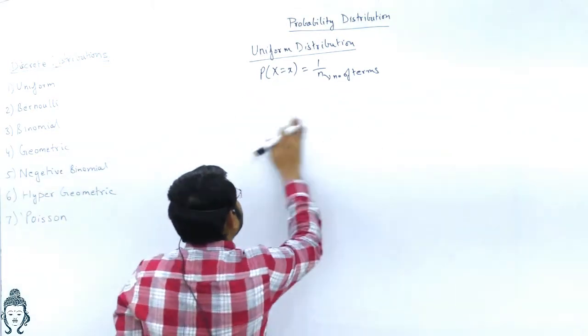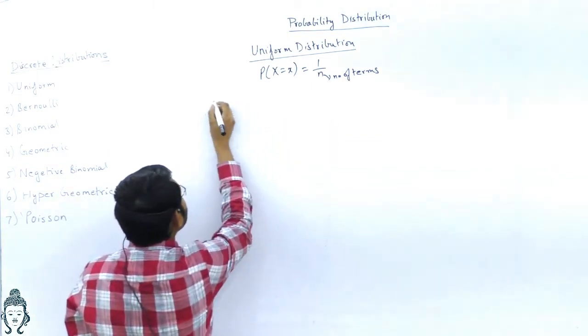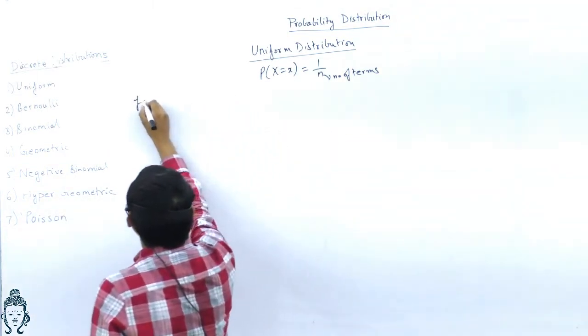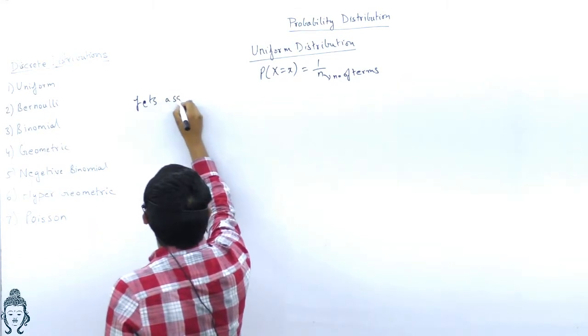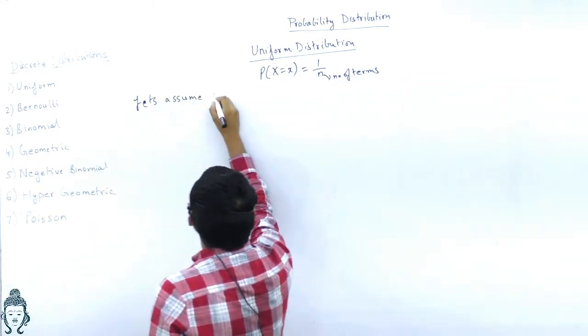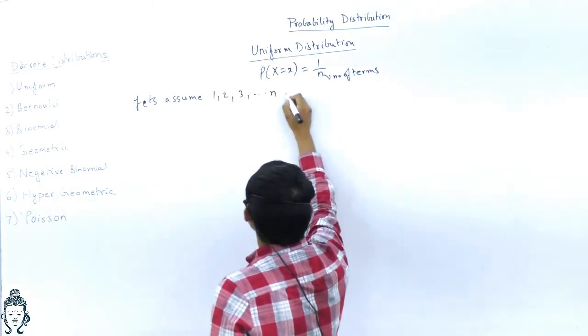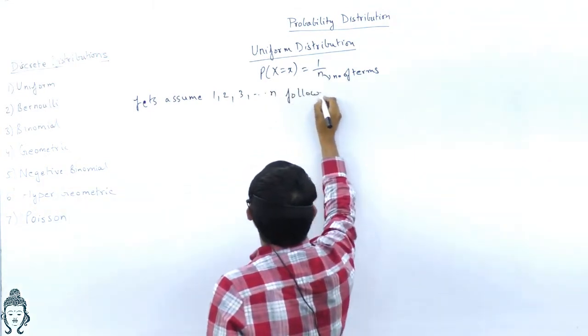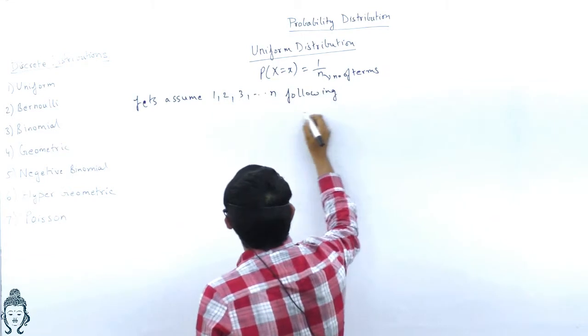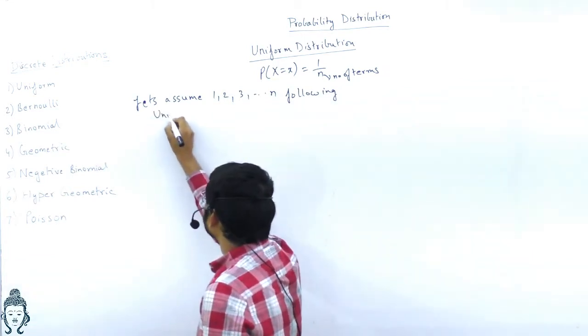Now let's take an example. Let's assume that 1, 2, 3 till n are following uniform distribution.